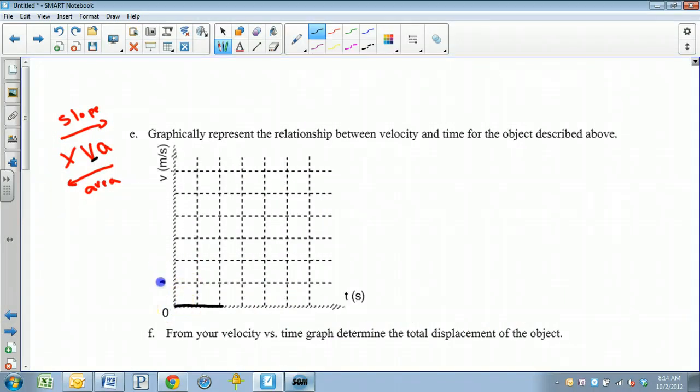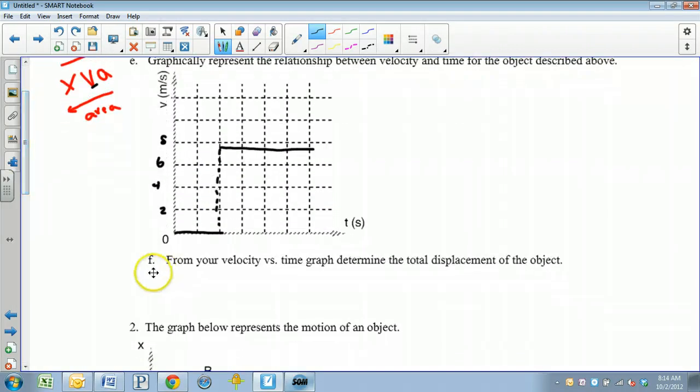Let's label these 2, 4, 6, and 8. Then for the next 4 seconds, we're traveling at 7.5 meters per second. So that's going to look something like that as a line. Again, you can have dashed lines, open circles, whatever you want. So there it is. It travels at 0 meters per second for 2 seconds, and then it travels at 7.5 meters per second for 4 seconds.